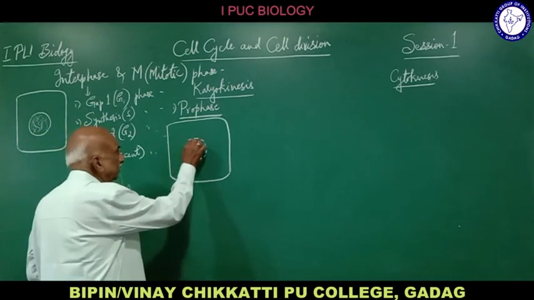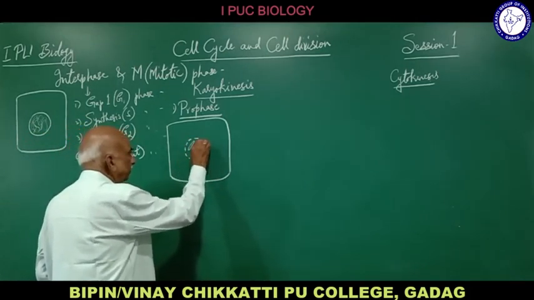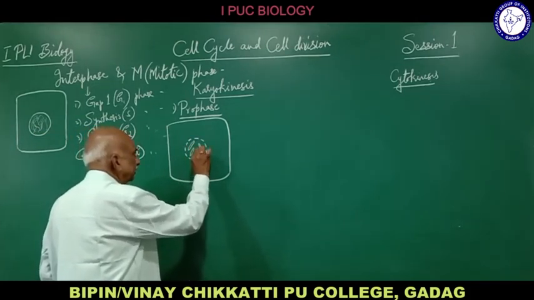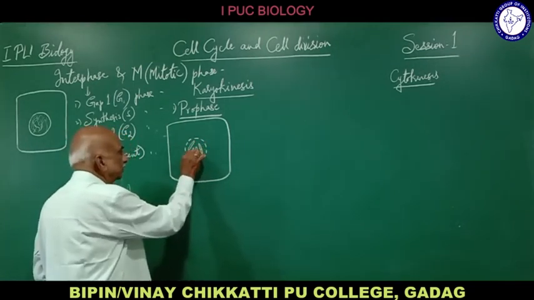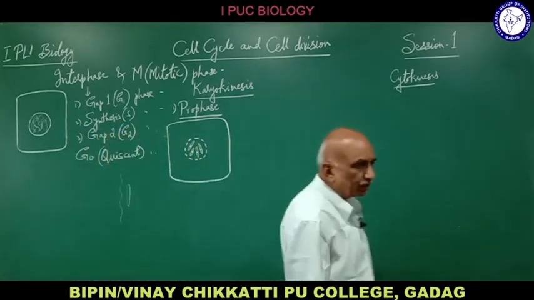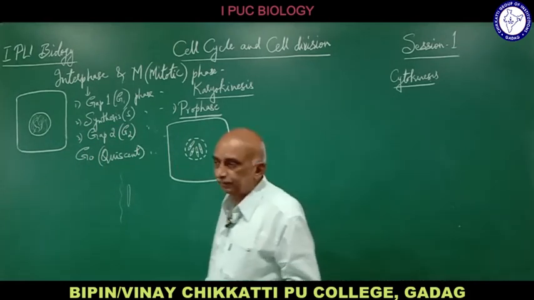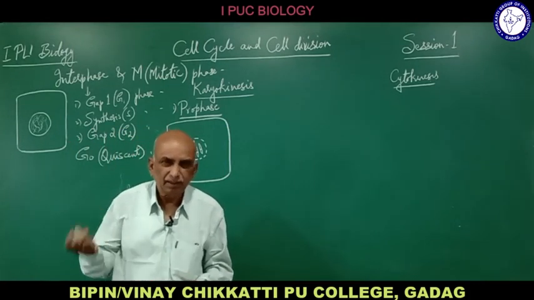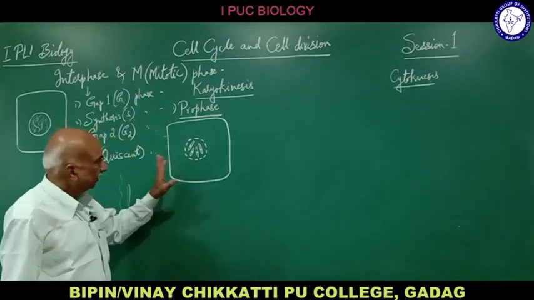So chromosomes are formed in the prophase. Suppose these are the chromosomes; this is one chromosome and this is another. I have shown 4 chromosomes in this cell. The number of chromosomes is constant for a species. In human beings there are 46 chromosomes, and in other organisms the number differs.